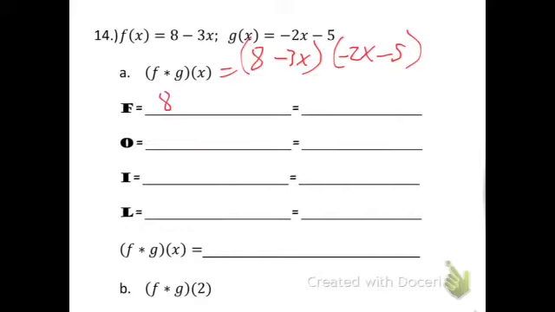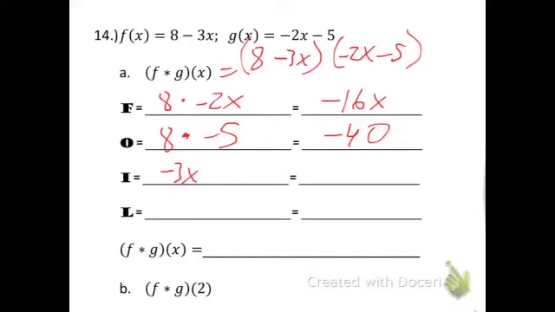You gotta do 8 times negative 2x, which gives you negative 16x, and then 8 times negative 5 to get negative 40, and then negative 3x times negative 2x gives you positive 6x squared, because negative times negative is positive, and negative 3x times negative 5 is going to be positive 15x, because negative times negative is positive.